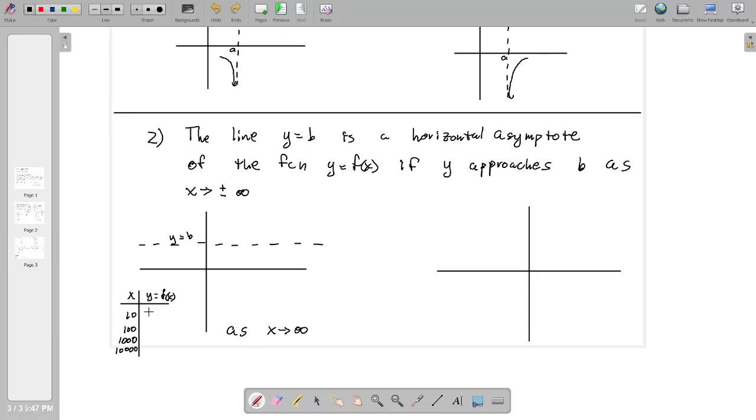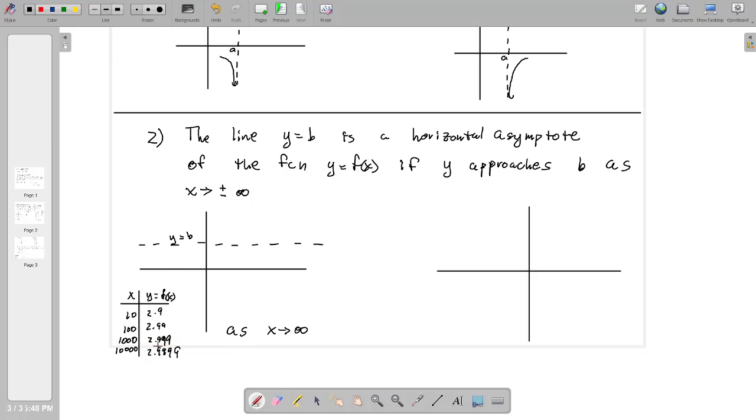The y values might end up being something like 2.9, 2.99, 2.999, and so on. And if this is the case, we would say that the y values are getting closer and closer to 3. Notice how this is 1/10 of a unit away from 3, then 1/100th of a unit away from 3, 1/1000th of a unit away from 3, and so on.